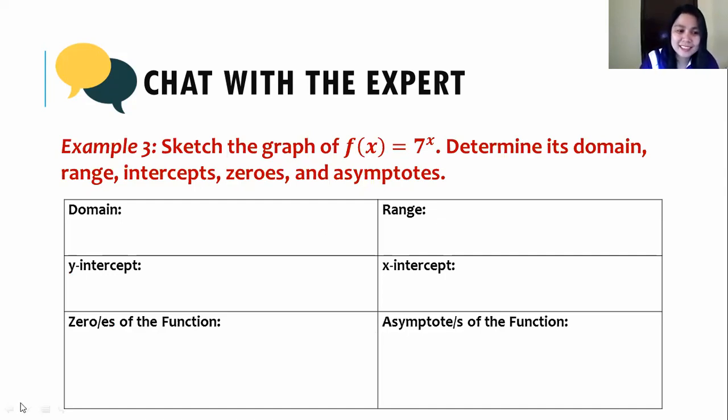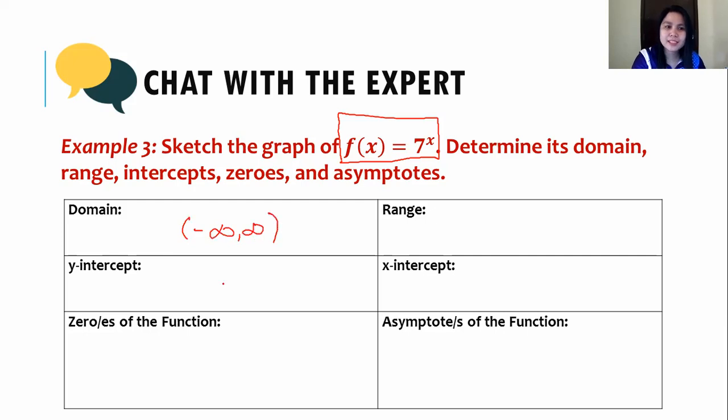Let's go to the last example. Now, use your chat boxes to help me with this one. What's our domain for 7 to the power of x? It will serve as the review for your quiz. What's our domain? Oh, very good. All real numbers.